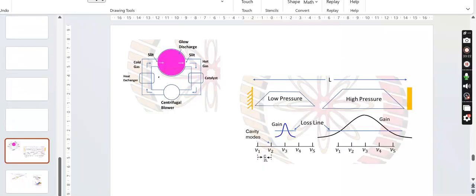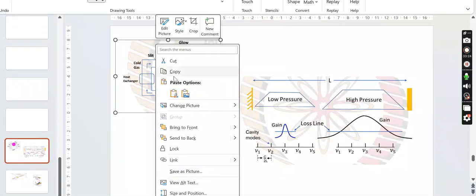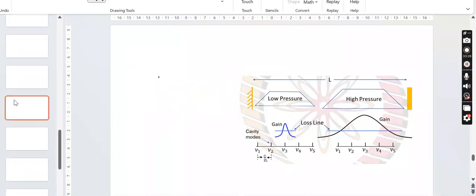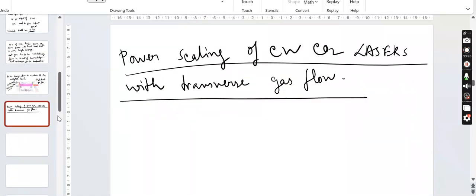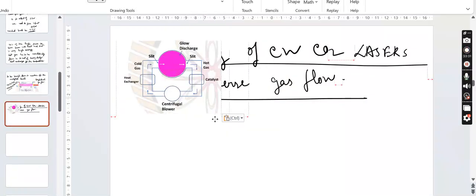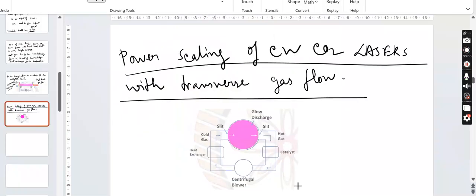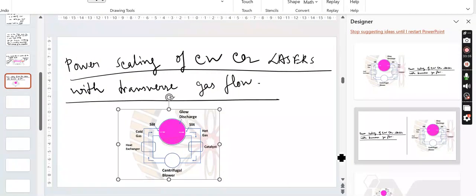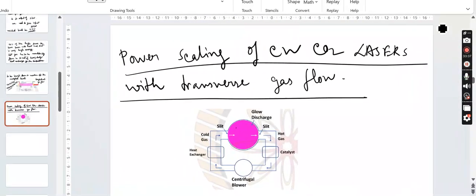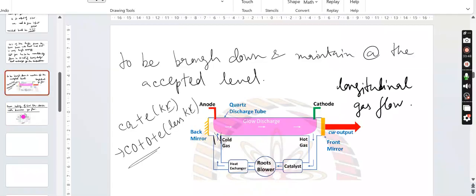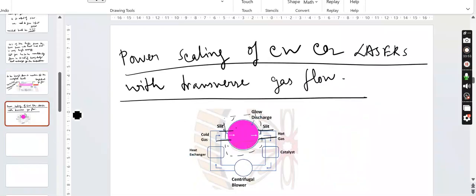So here the schematic is this basically. This is the gas chamber. And the slits of the gas flow, unlike this here, you can see the slits are here in the longitudinal direction. Here it is basically transverse direction.